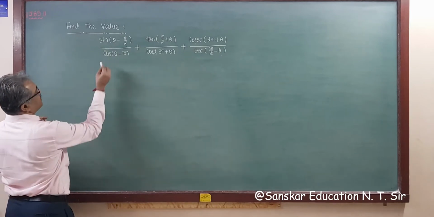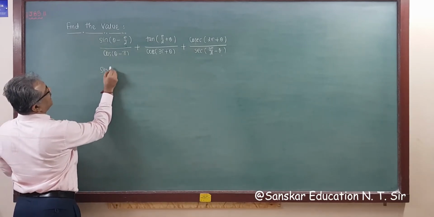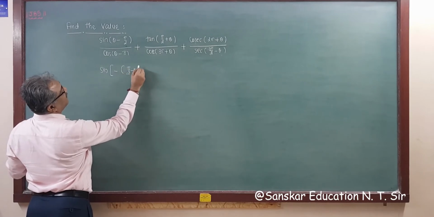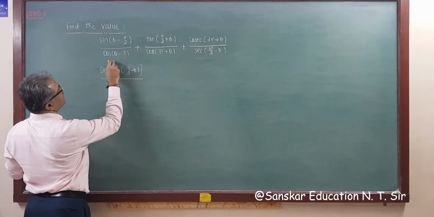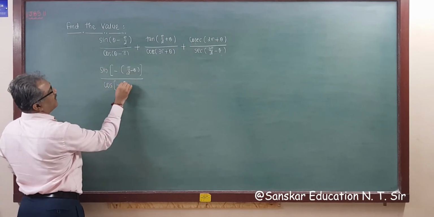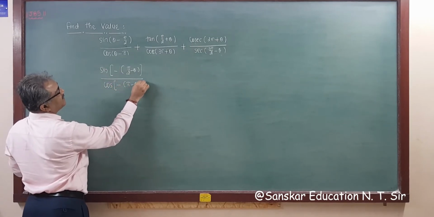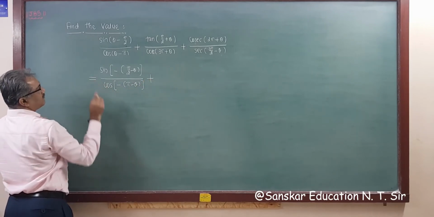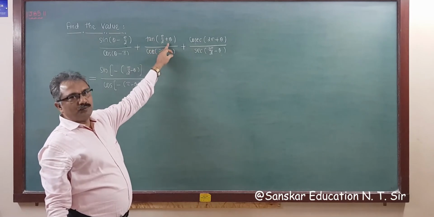So taking minus common, this is sin of minus (pi/2 - theta), and this is cos. Again taking minus common, minus (pi - theta), plus tan(pi/2 + theta).